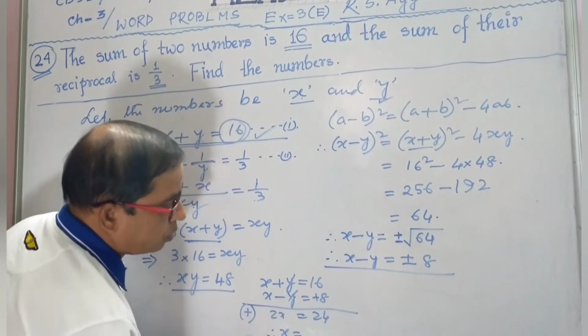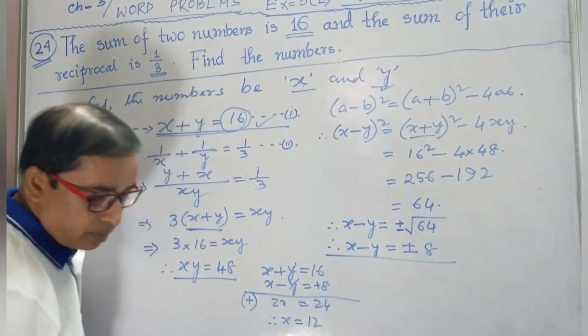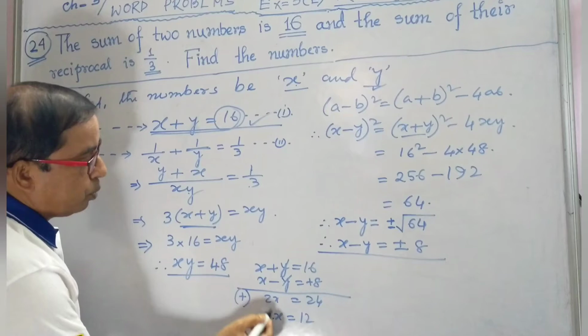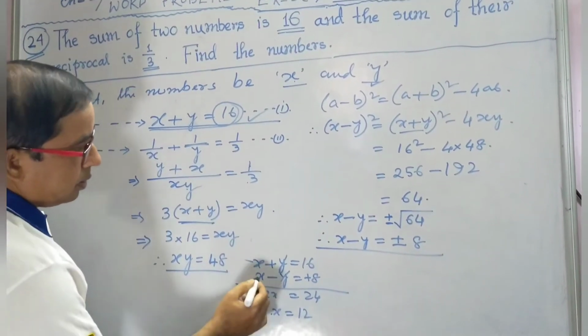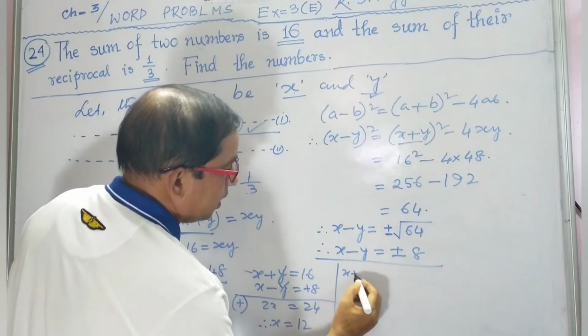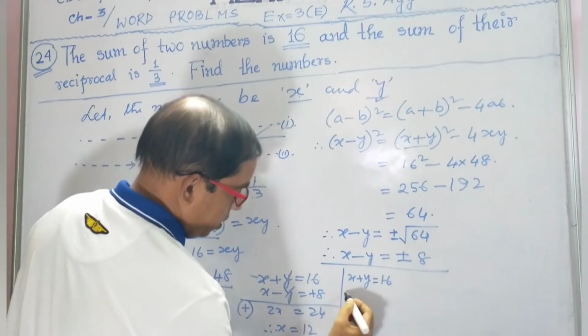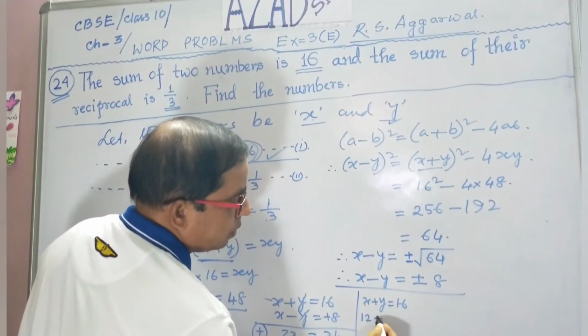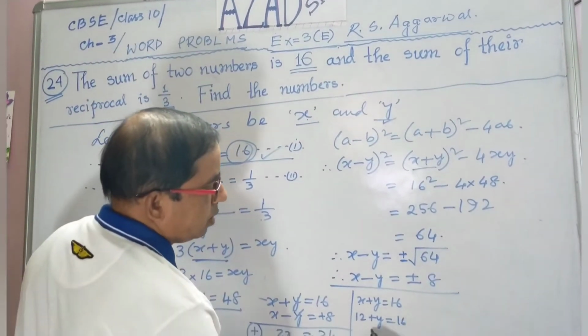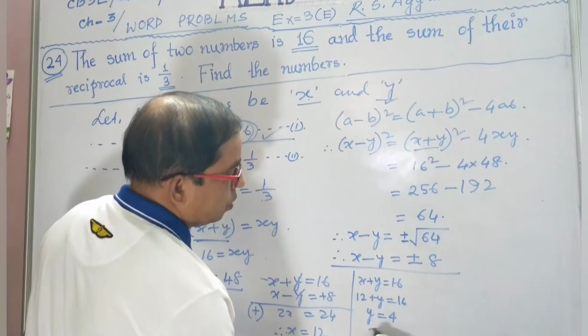Therefore, x equal to 12. And if I put this value here, x plus y equal to 16. That is, x means 12 plus y. Here x equal to 12. So 12 plus y equal to 16. Then y equal to 4.